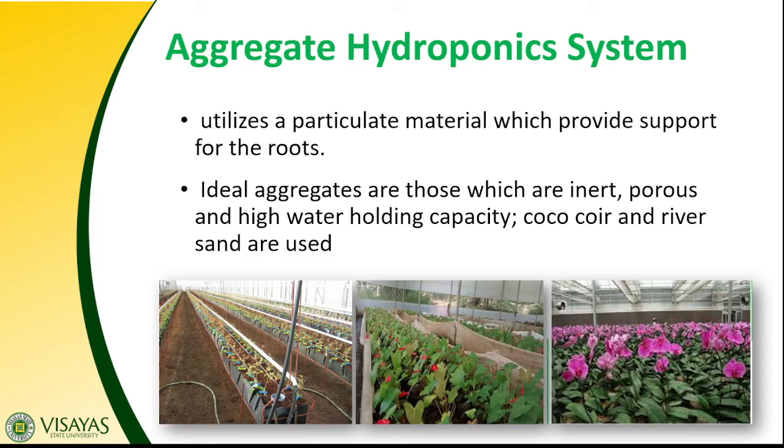The aggregate hydroponic system, on the other hand, utilizes a particulate material which provides support for the growth of the roots. And the ideal aggregates are those which are inert, meaning they don't contain any nutrients, then porous and they have high water holding capacity, just like the very commonly used aggregate materials, the coco coir and the river sand.